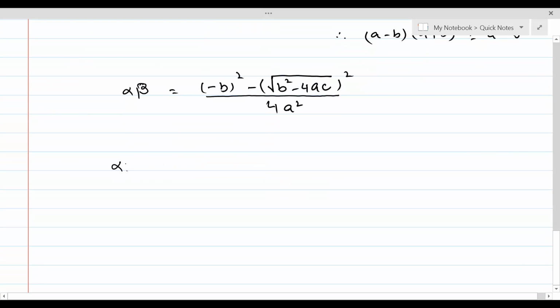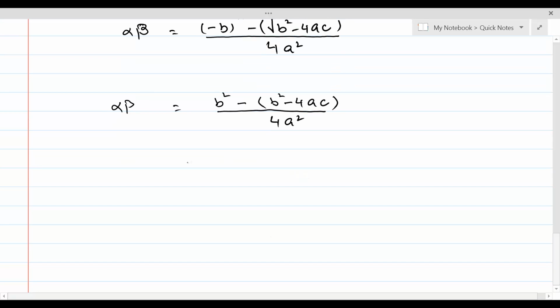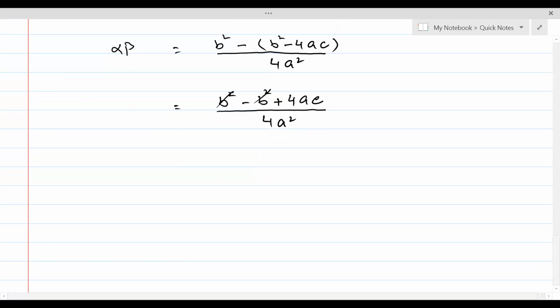Now alpha beta is equal to b square minus, the square root will be cancelled with the square, and we are left with b square minus 4ac divided by 4a square, which in the next step can be written as b square minus b square plus 4ac divided by 4a square. So minus b square and plus b square cancel out.